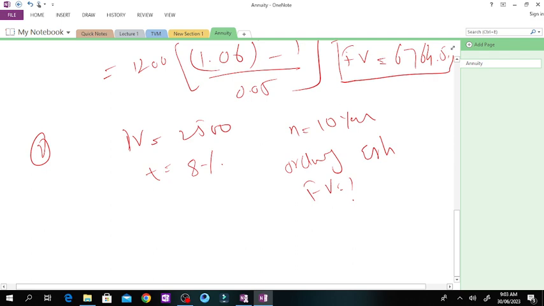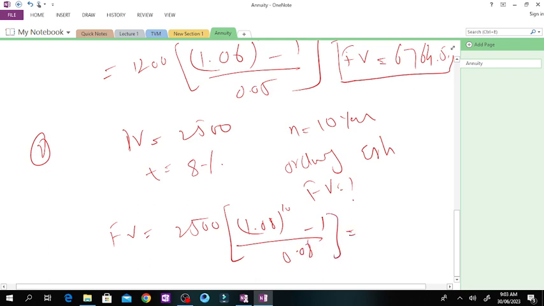The future value would be like 2500 and 1.08 power 10 minus 1 over 0.08, and ultimately how much would you get? You would get 36216. This much amount you would receive at the end of 10 years.